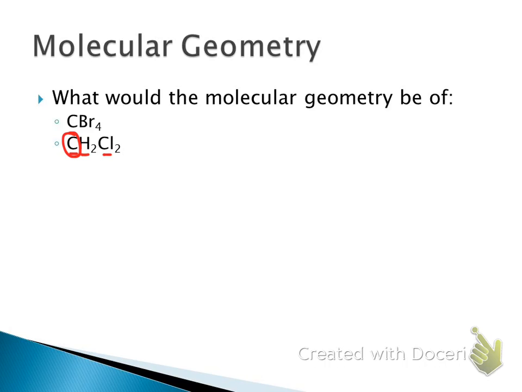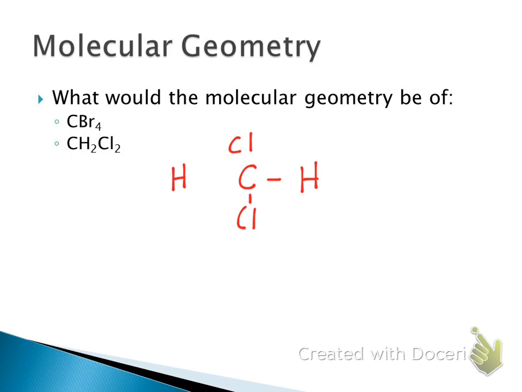Carbon should be our central atom when we draw our Lewis structure. Okay, so I'm going to go ahead and draw the skeleton. C, H, Cl, Cl. It doesn't really matter what orientation you draw these 4 atoms in. We could have both of our Cl's here, both of our hydrogens here, or vice versa, but that's just how I chose to draw it.